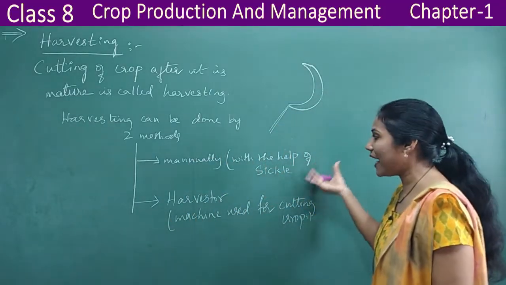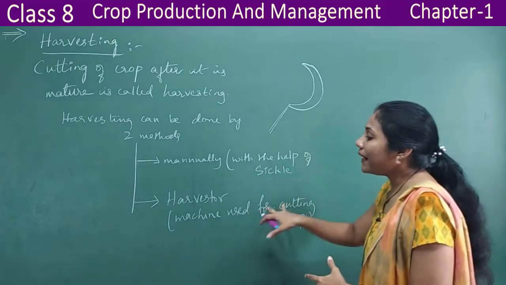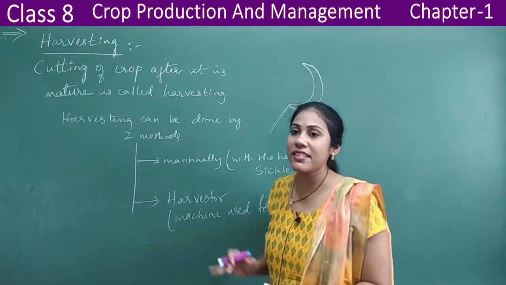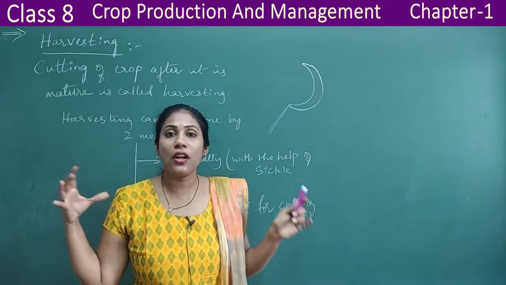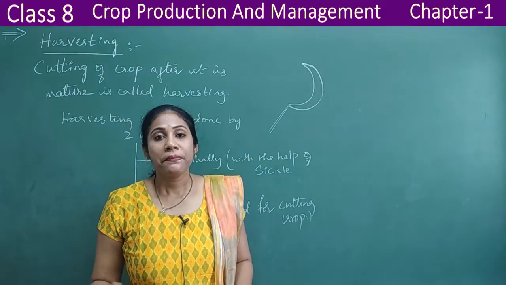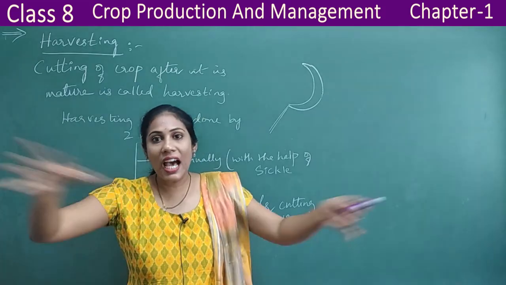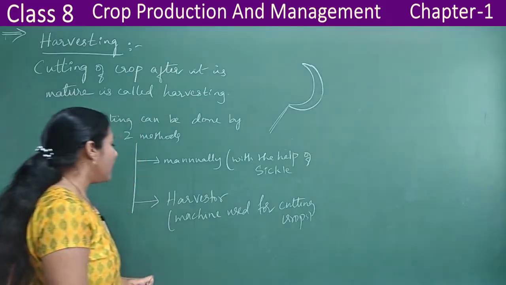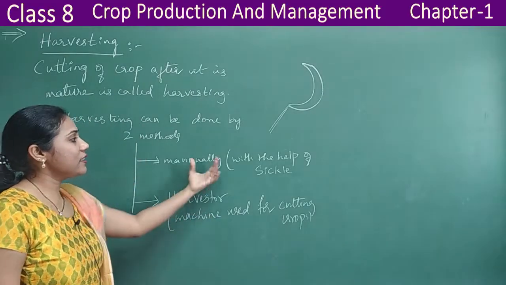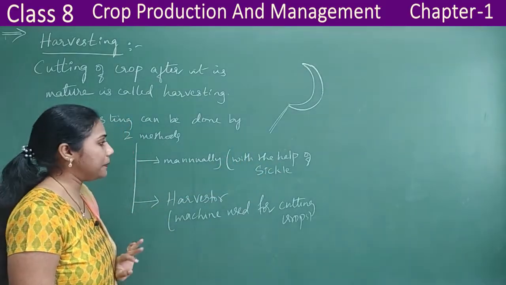But if you use a machine like a harvester, it's much easier to do harvesting, and it saves lots of energy, lots of time, and you can cut the large piece of land within a short time, right? So this is all about harvester and cutting using a sickle.